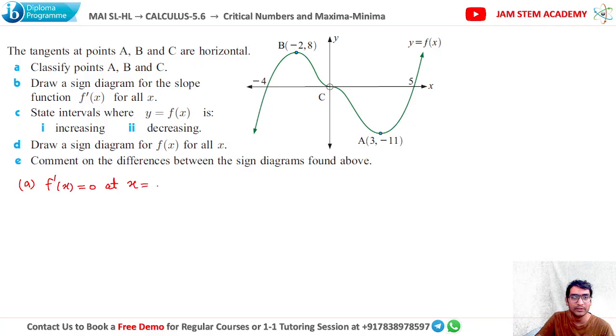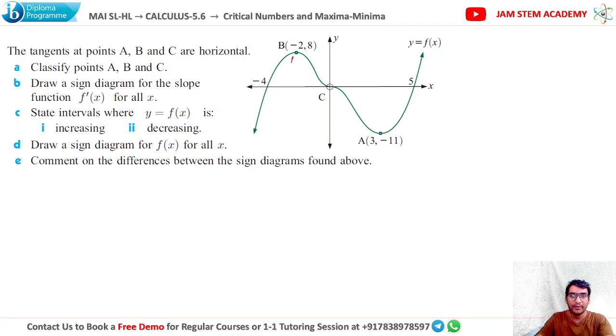And as you can see, at B it is local maxima, at C it is a point of inflection, and at A it is local minima, right?